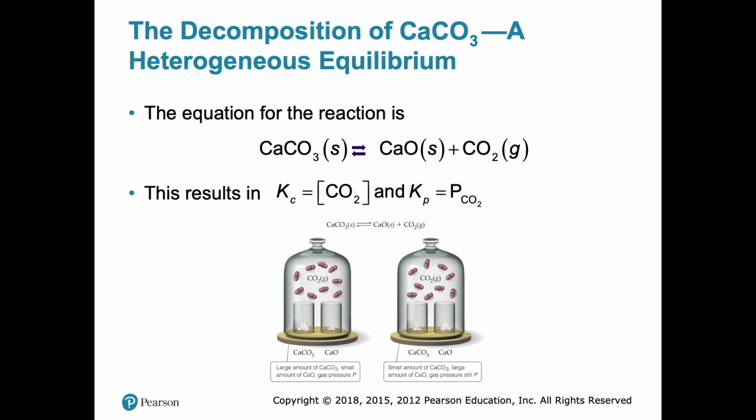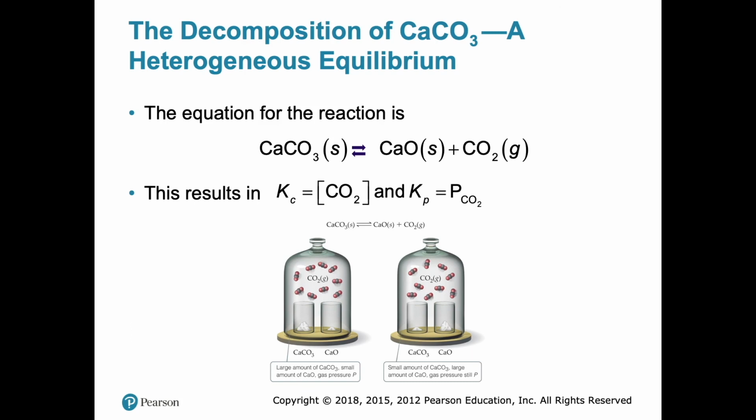So the result is that our equilibrium constant equals the concentration of carbon dioxide inside of this closed system. What that means is that the equilibrium constant for pressure is just the partial pressure of CO2, because it's the only one that's in gas phase.